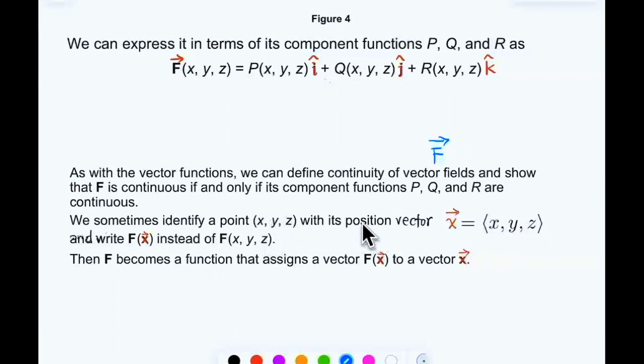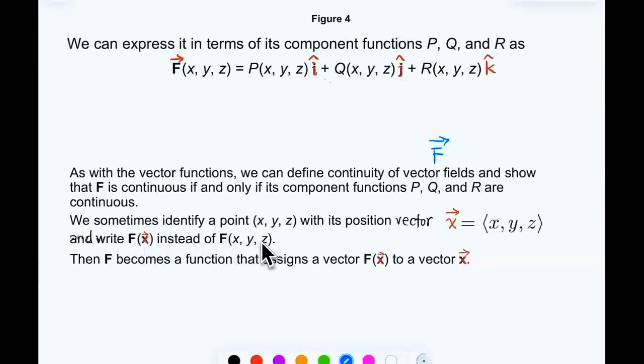So if I identify this point with the position vector, the vector field, or we say the vector function, acting on this x, we can write it this way: the vector function acting on this position vector x bar.